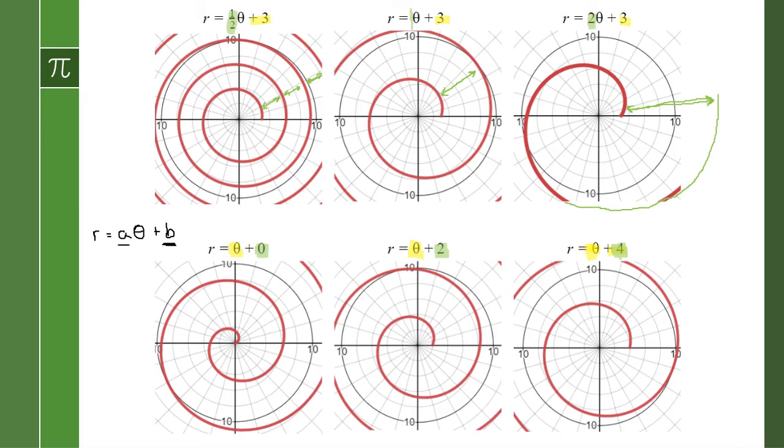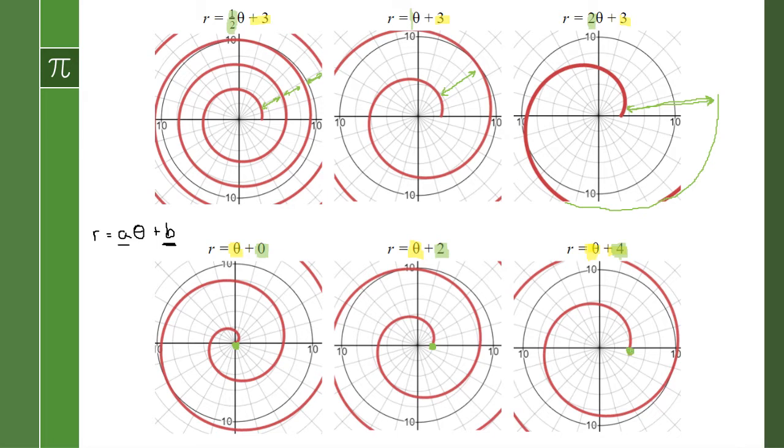You can see that these graphs all have approximately the same shape. They are all pretty much the same spiral, but look at where they start. This one starts at the origin. This one starts at a radius of 2. And this one starts at a radius of 4.